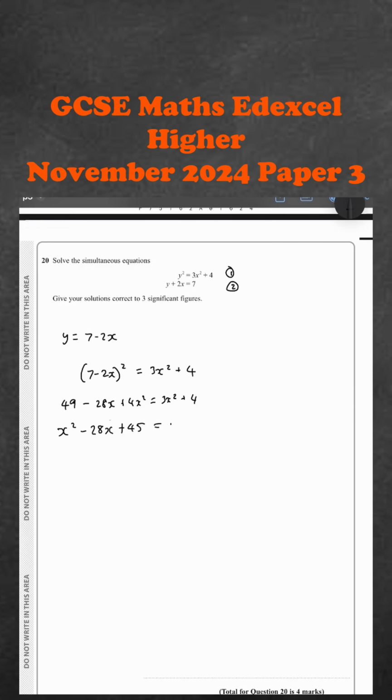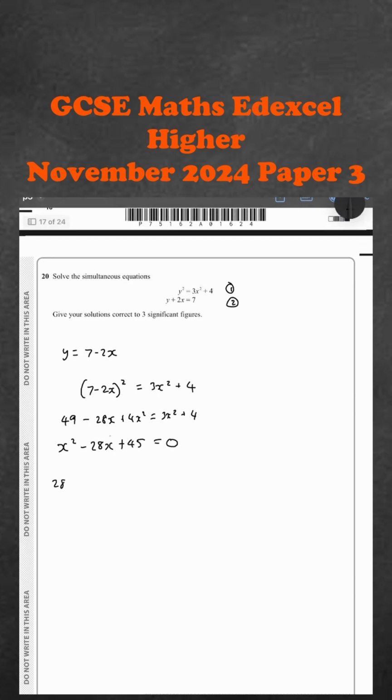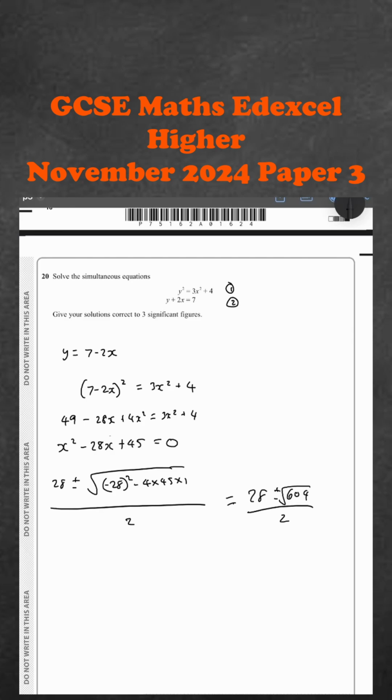plus 45 equals 0. Use the quadratic formula, so minus b is going to be 28 plus minus the square root of minus 28 squared minus 4 times 45 times 1 all over 2. 28 squared, it's the same as minus 28 squared, that's 784, minus 4 times 45, 604 in our square root, plus minus 604 over 2.